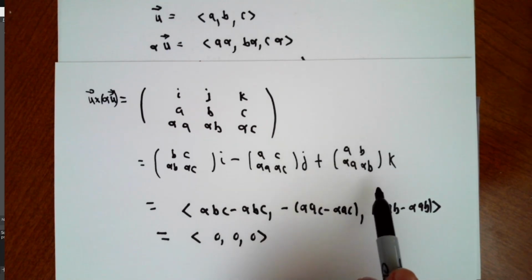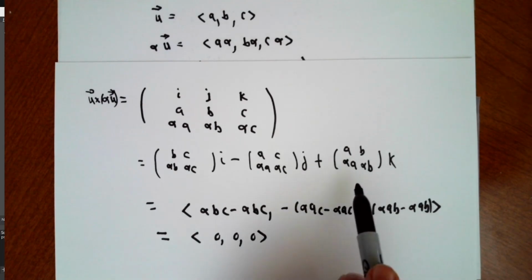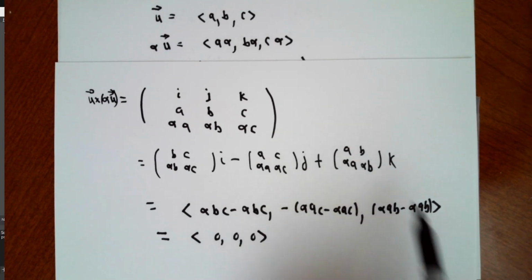A times alpha times B is alpha times AB minus alpha times A times B. All three of those numbers are 0. If I take a cross product of two vectors that point along the same linear direction, the same straight line direction, the cross product of them will be the 0 vector.